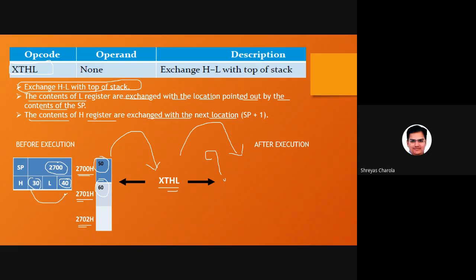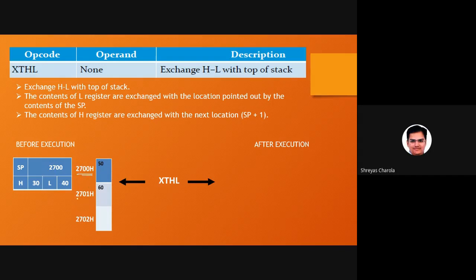Okay, and this data will go over here. So what do you think? What should be the content in 2700 and 2701 after the execution of this instruction? HL you wrote correctly, H60 L50. Now what should be the content in the memory location? Okay, only Parthiv, Harsh and Abhishek are giving answers. There are 22, if I subtract two, so 20 students are there.